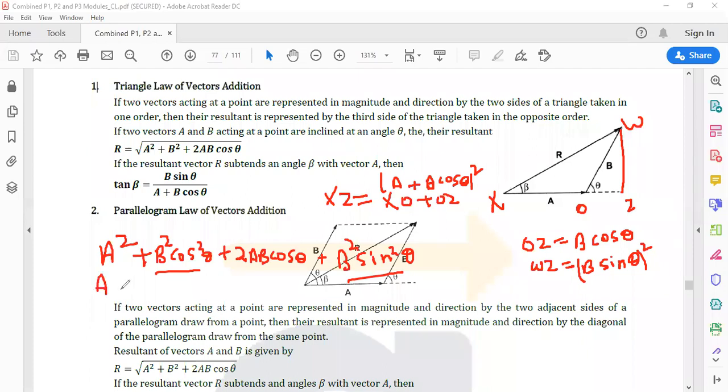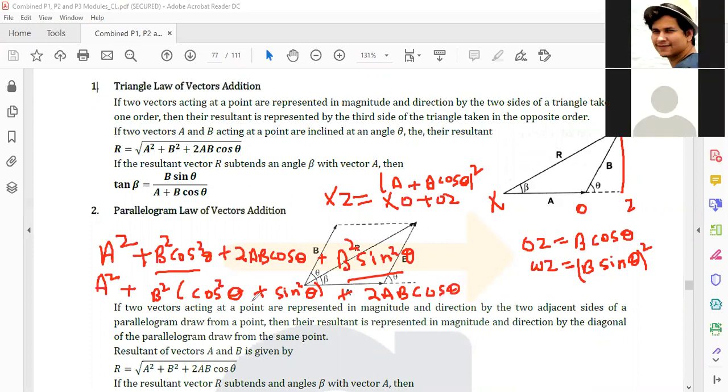So we get A square plus B square, and after taking B square common, we are left with cos square theta plus sin square theta, plus 2AB cos theta.